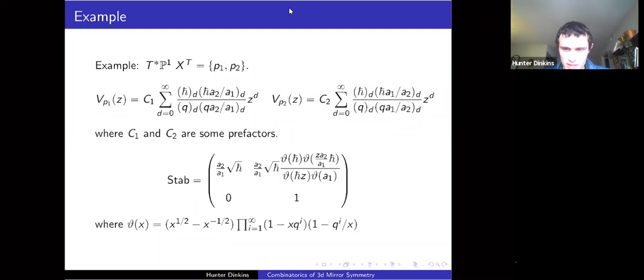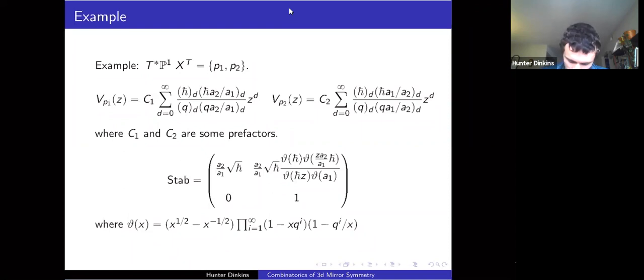And in this case, the matrix of restrictions of the elliptic stable envelope. I've got 2 fixed points, so it's a 2x2 matrix. There are all sorts of normalizations of the elliptic stable envelope, some of which are more convenient than others in various situations. My normalization for this particular example is given here.